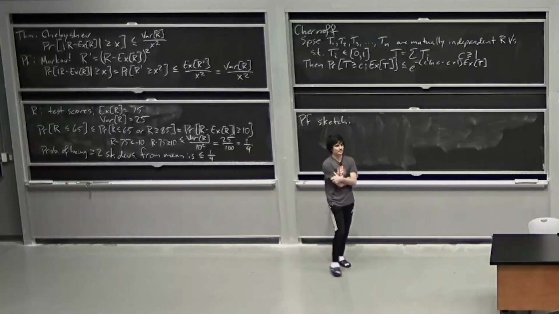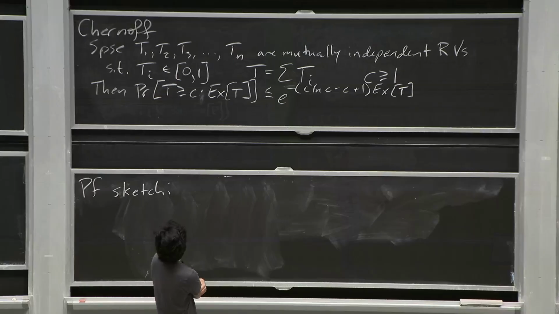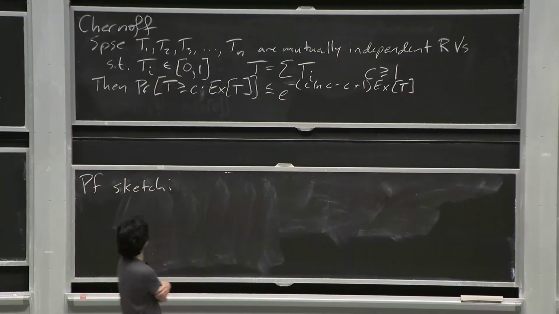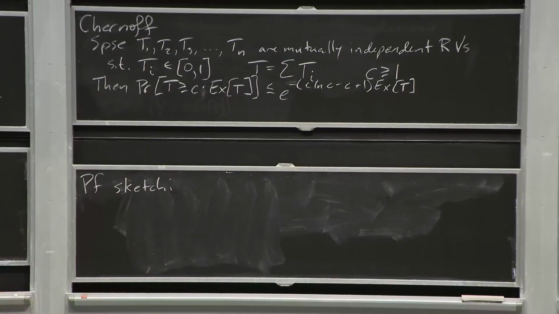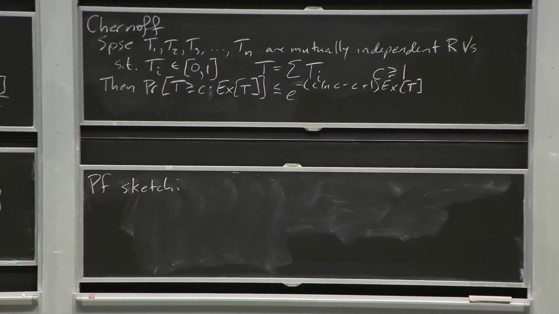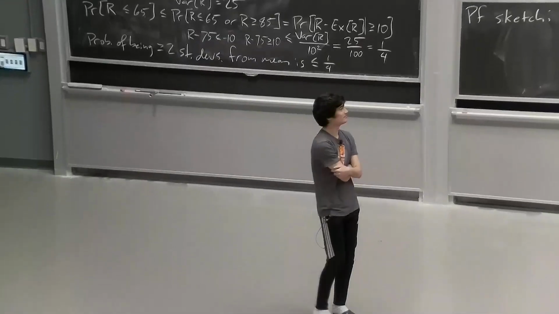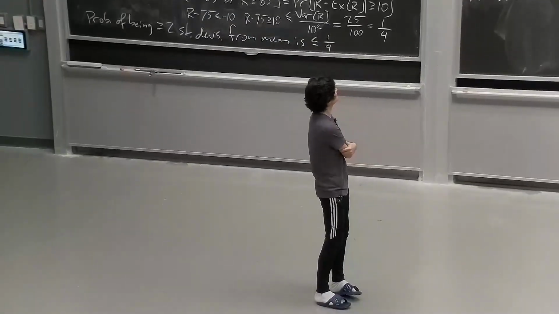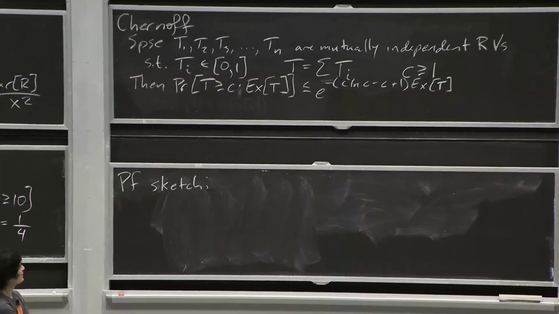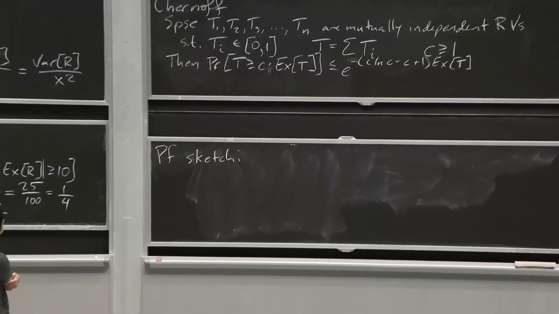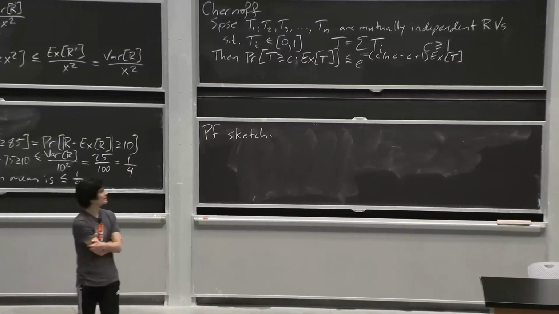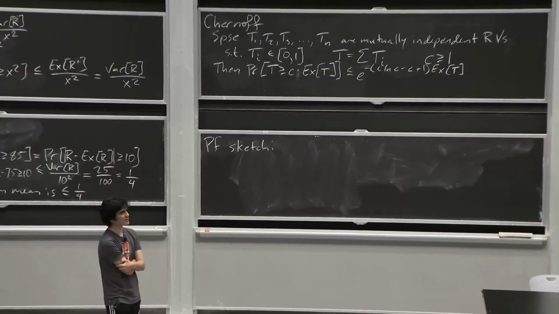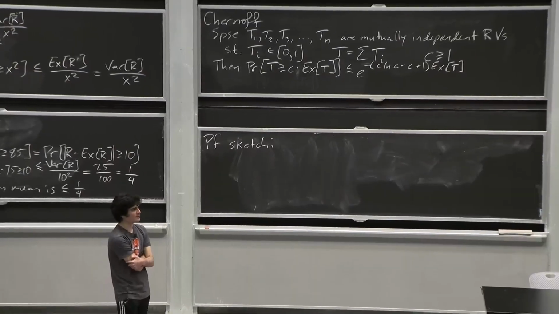Add 1. Okay, so look at T plus 1 instead of T? That's actually not going to help us. T is already the sum of a bunch of non-negative random variables, so it's already non-negative.